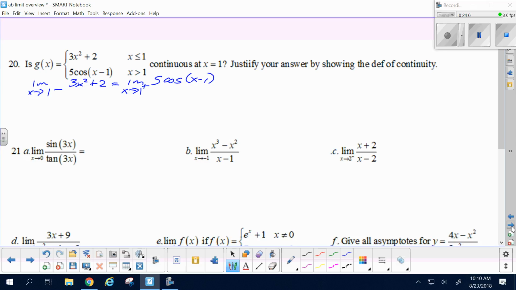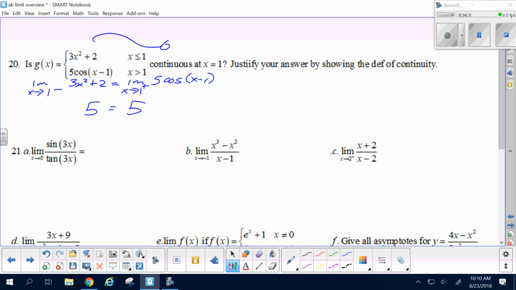What's the left-hand limit, or the first limit? 3x squared plus 2 at 1 is 5. Okay? What about the right-hand limit? As x goes to 1, I get cosine of 0. Cosine of 0 is 1. 1 times 5 is 5. Now, that's actually not the complete definition of continuity.